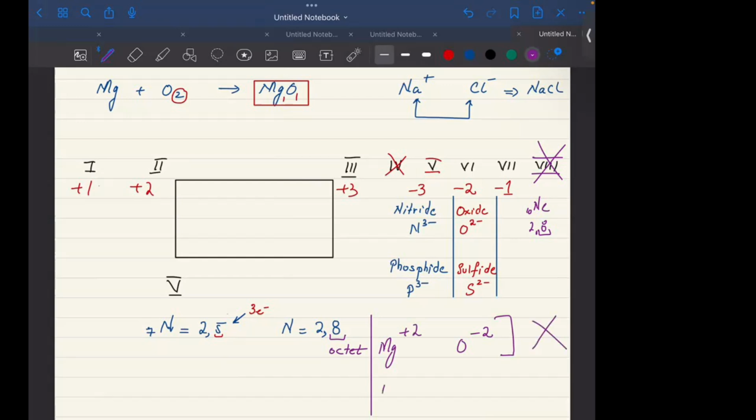The right way is you write the number first and then the charge. Similarly, for anions, you write the number first and then the charge. But हम जल्दी में चार्ज पहले लिख देते, नंबर बाद में, मार्क्स नहीं कटेंगे इसके कभी भी. लेकिन जो बुकिश मेथड है, it's writing the number first and then the sign, both for cation and anion.